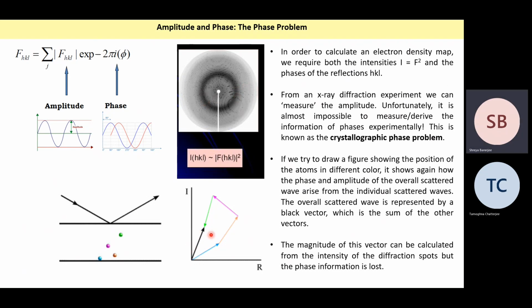So this is your net diffracted ray from these 4 atoms, and the magnitude can be found from the intensity of this spot. If you take the square root of intensity, you can find the magnitude of the net diffracted ray. But any information on the phase is lost.